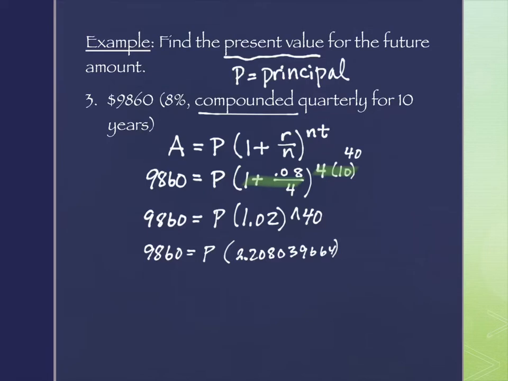How would I solve for P? Divide each side by the 2.2. You got it. So that's equation stuff from high school. So you're going to divide both sides by 2.208039664.